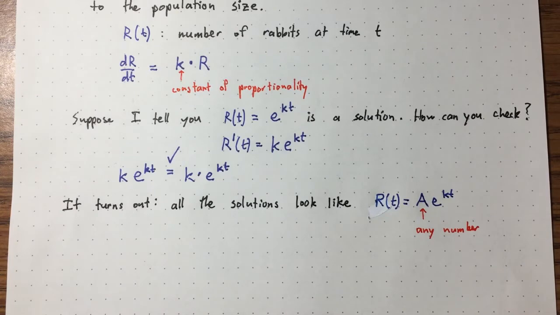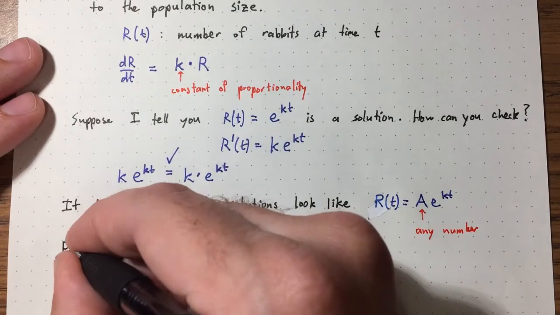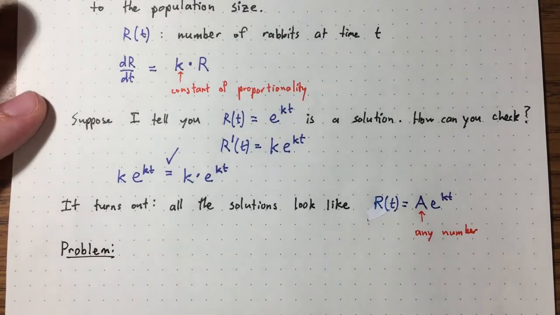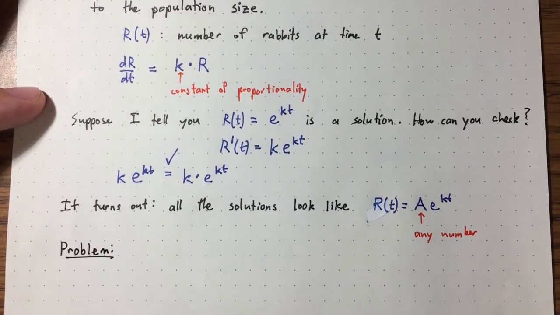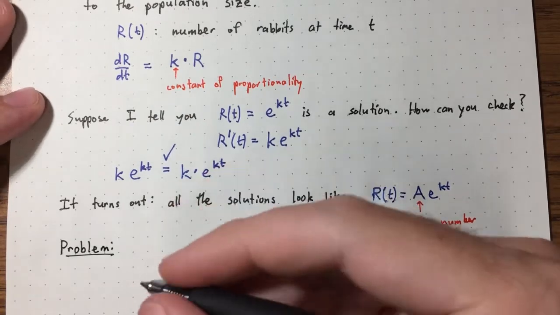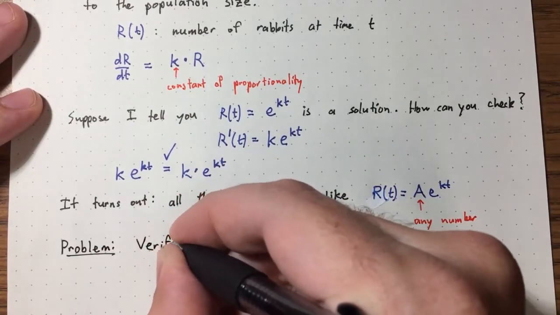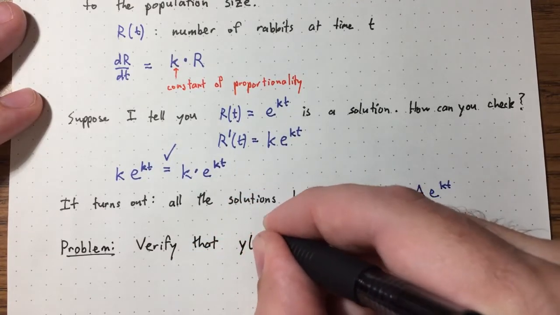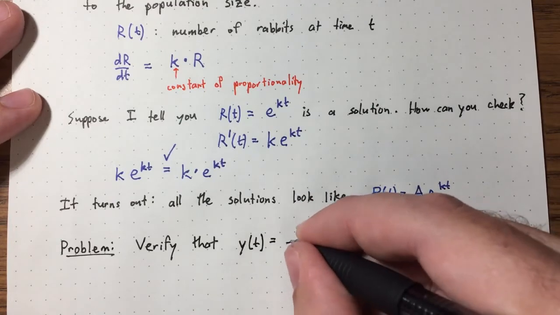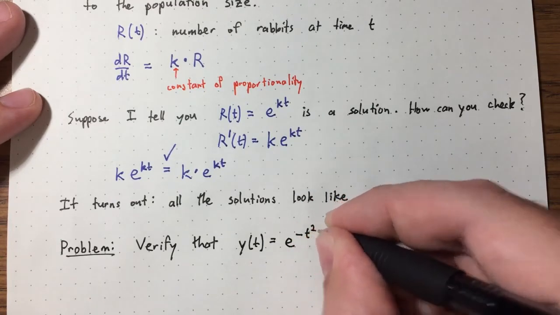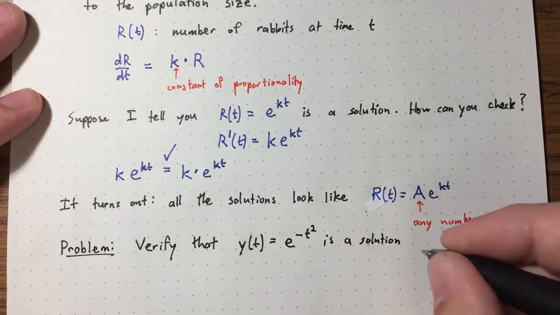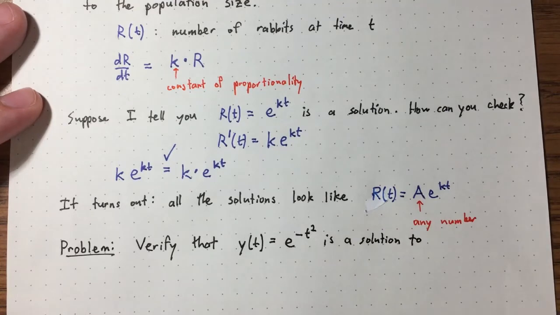Okay. I want to do another example, but before I do, I'll just give you a quick problem to try. So here's a problem. This is just going to be practice verifying the solution to a differential equation. So the problem is to verify that y of t equals e to the negative t squared is a solution to this differential equation.